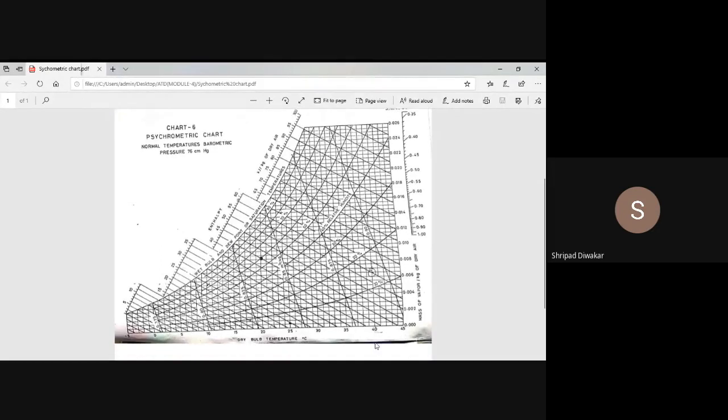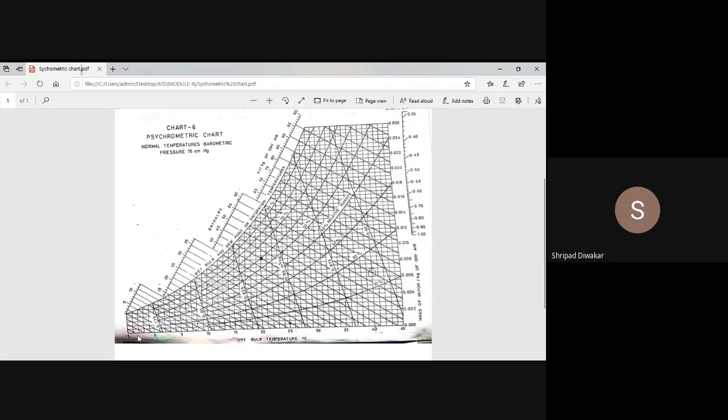Here in the diagram, see the vertical lines. Don't look at all the lines; first see only the vertical lines visible in the diagram. All the vertical lines are dry bulb temperature lines.